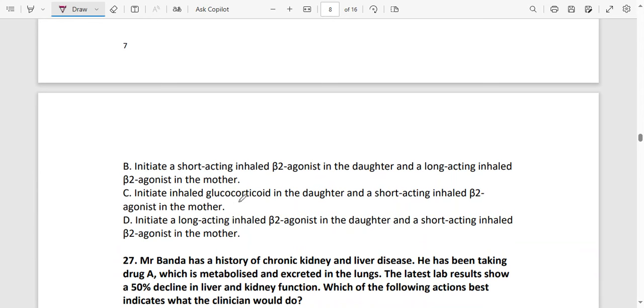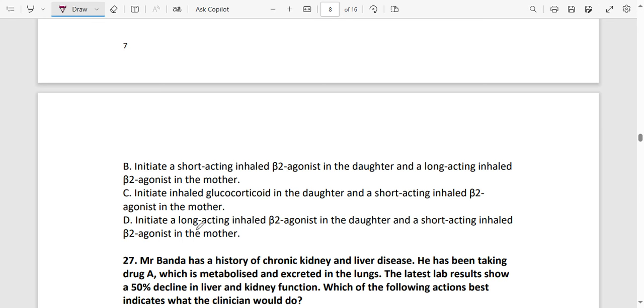Initiating a short acting inhaled beta 2 agonist in the daughter and a long acting one in the mother. Initiating an inhaled glucocorticoid in the daughter and a short acting one in the mother. Initiating a long acting one in the daughter and a short acting one in the mother.